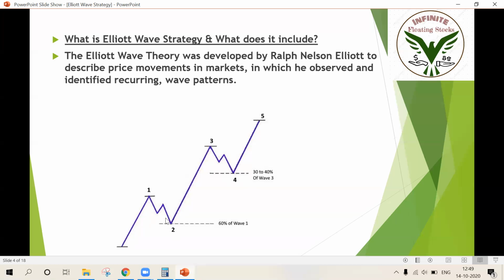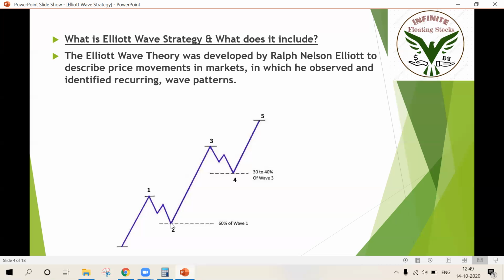Wave 2 and wave 4 are called pullbacks, also called retracements. Look at this point: the pullback should be only 60 percentage of wave one.